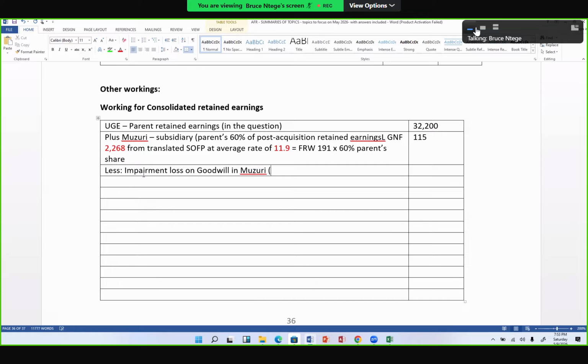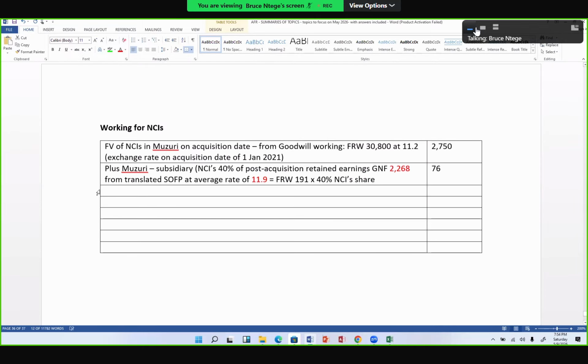Okay, this is coming from the working on note 1, working above. The figure we have there is 85 for the parent, the retained earnings. Then I'll pick and say that the figure for the non-controlling interest, which I'll put here.